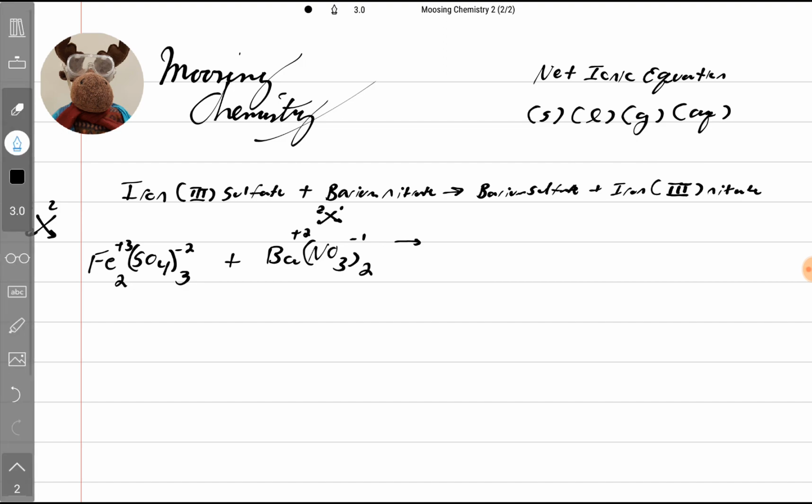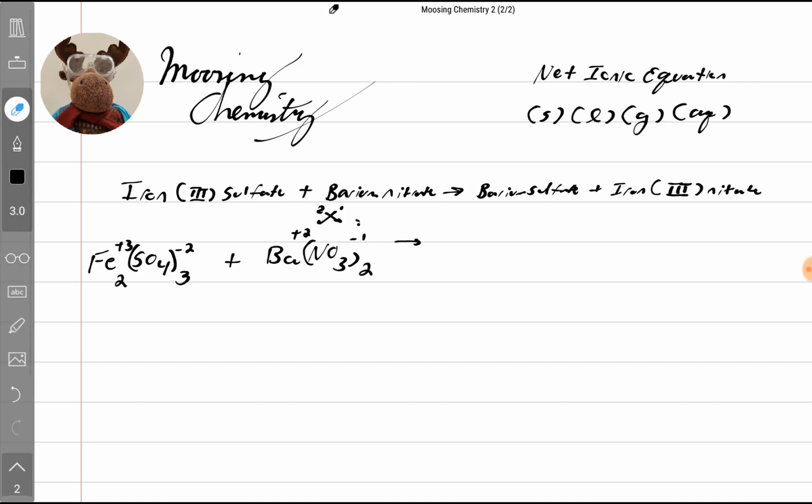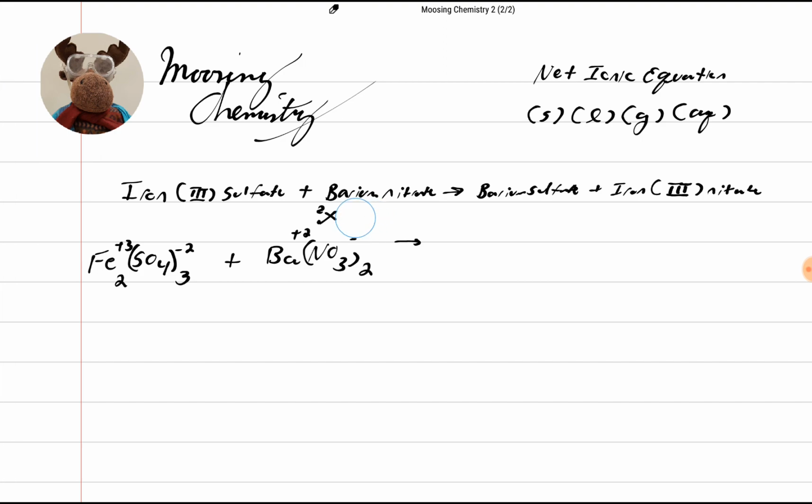So let me go ahead and get rid of that real quickly because we don't want to junk up the board here. It's going to take quite a bit of doing on this problem. So let's put our -1 back in there and fix that Ba there. So now, barium sulfate.